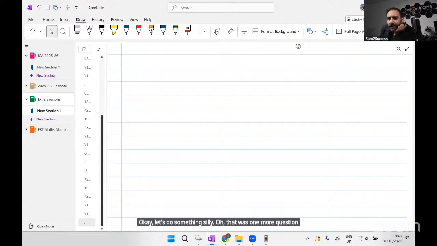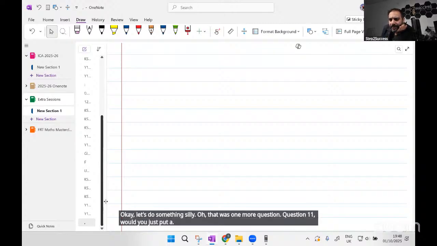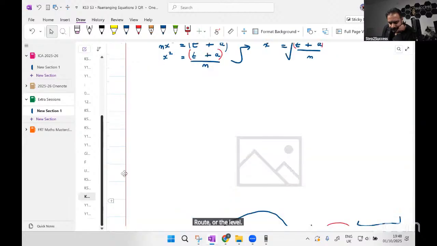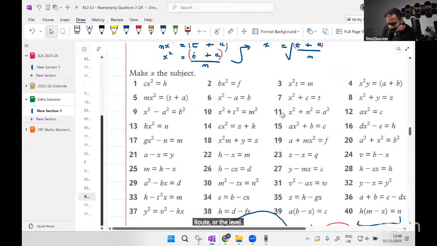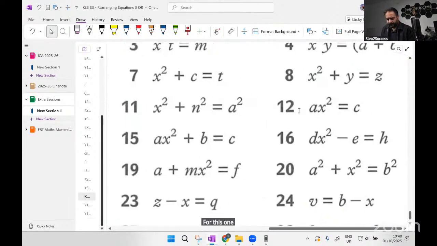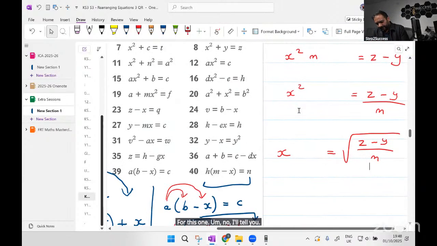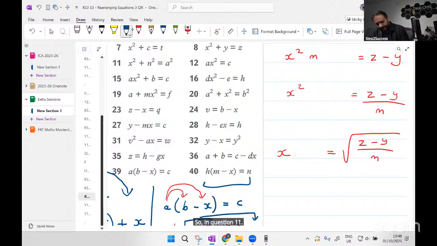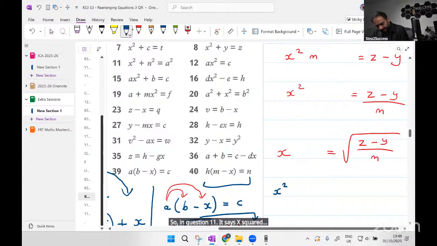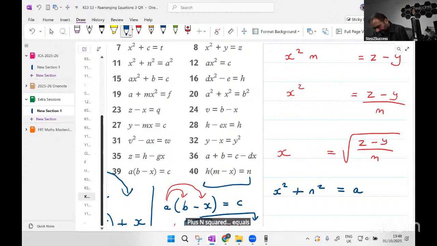Question 11. Would you just put a square root? For this one, no, I'll tell you. In question 11, it says x squared plus n squared equals a squared.